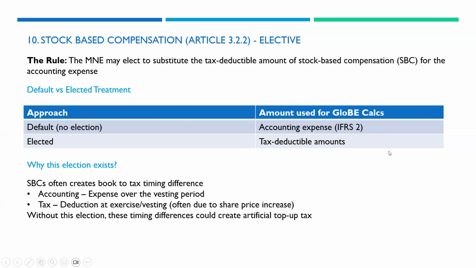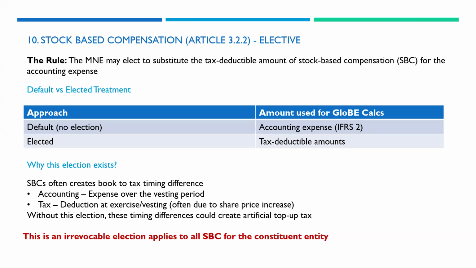So this is only to bring in symmetry. And if you take an election, this is an irrevocable election. In the last few elections I told you it's a 5-year period, but this election is irrevocable and applies to all stock-based compensation for the constituent entity.